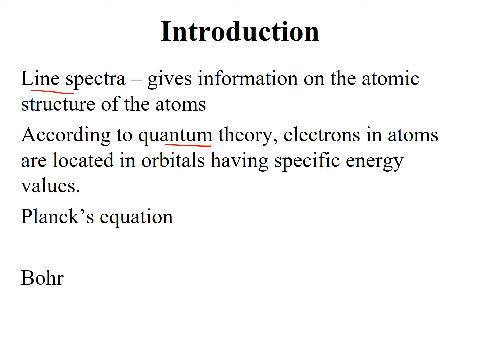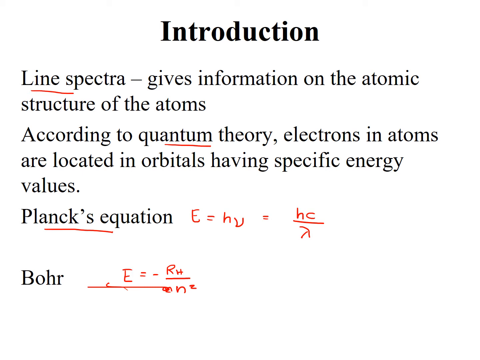The energy of light emitted or absorbed can be equated by the Planck constant: E equals Planck constant times frequency, or Planck constant times speed of light over wavelength. Niels Bohr adapted this to show that the energy of an electron in the nth level is equal to the Rydberg constant over n squared.